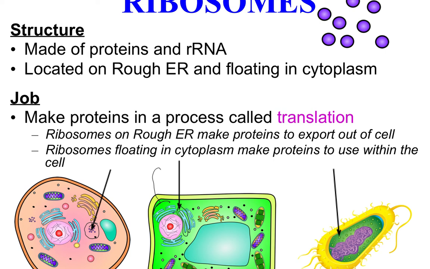The process of making proteins is called translation. Ribosomes on rough endoplasmic reticulum make proteins to export out of the cell, and ribosomes that are floating around in the cytoplasm make proteins to use within the cell. You'll notice our animal cell, our plant cell, and our prokaryote all contain ribosomes.